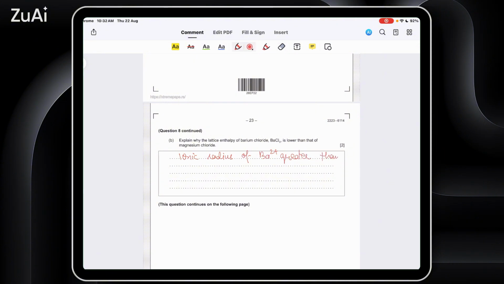So weaker attraction between barium ion and chloride ion.